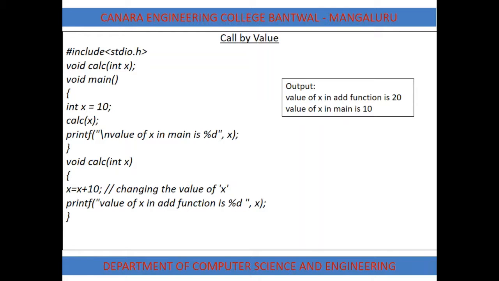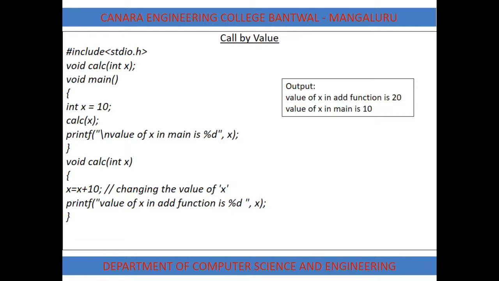Once this function call is executed, control will directly go to the definition of the function calc, that is void calc(int x). Whatever argument I have passed from the main function, the value of x, that is 10, will be copied to x here in the calc function, which is the formal parameter.